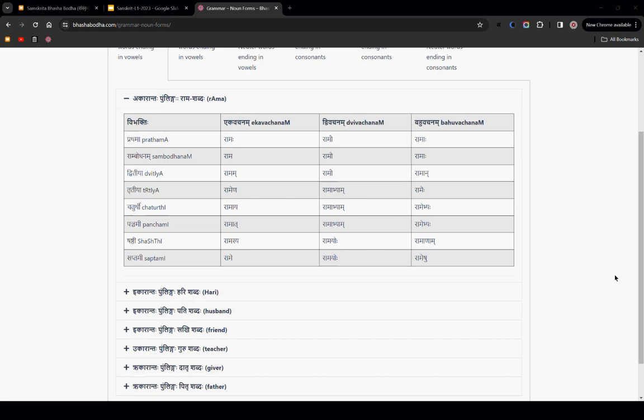Aham graham mitrena gacchami. In this case, mitrena, though it gets the third case affix, that is tritiya vibhakti, same affix, just like kandukena in I'm playing with the ball. Here also the same affix, same tritiya vibhakti, mitrena, but the karakam is different. It's not instrumental case.